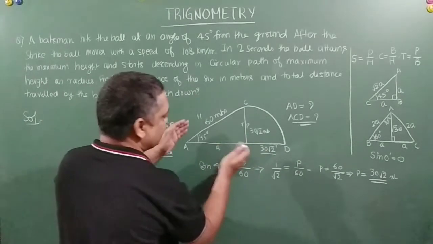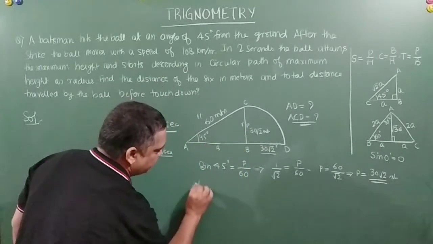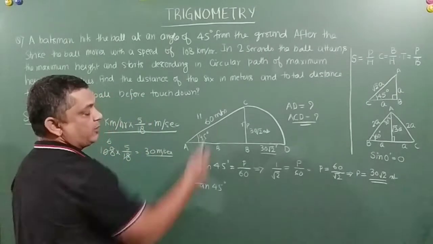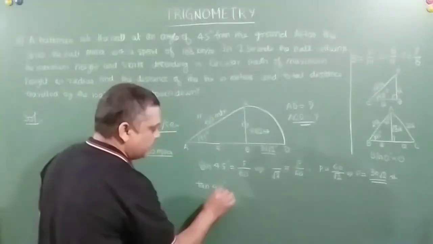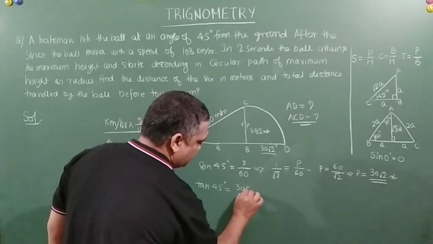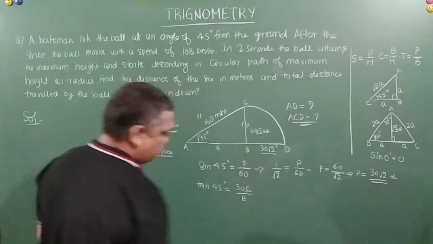Now using some relation we will try to find out this. Let us say tan 45. Although we can find it from Pythagoras theorem as well, we will use tan 45, that is a little easier. Tan 45 is nothing but perpendicular by base, that is 30 root 2 divided by base, which is nothing but B or AB you can say.